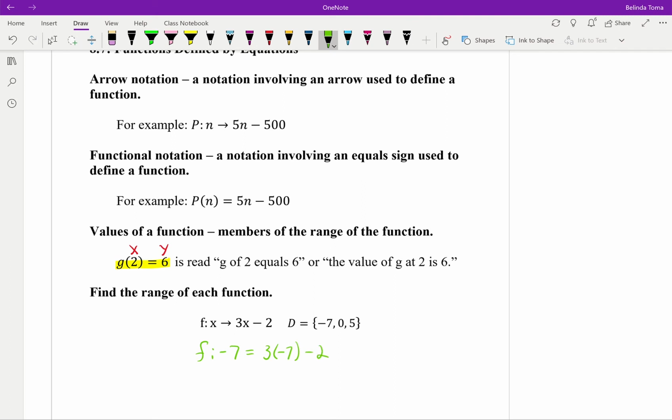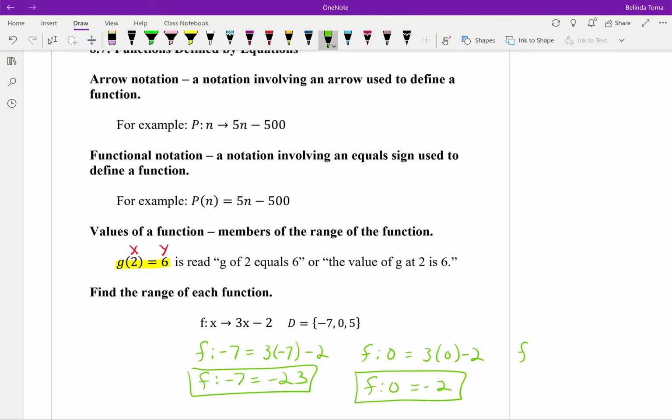And that's going to give me negative 23 when I evaluate. I could similarly do that with 0, which is a pretty easy calculation. So that's going to get me f of 0 is equal to negative 2. And then finally, I could do that with the value of 5.